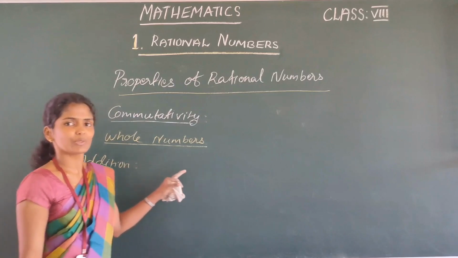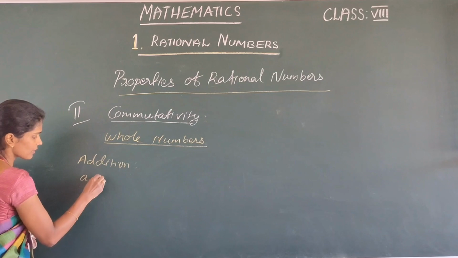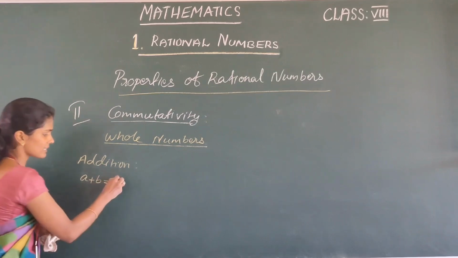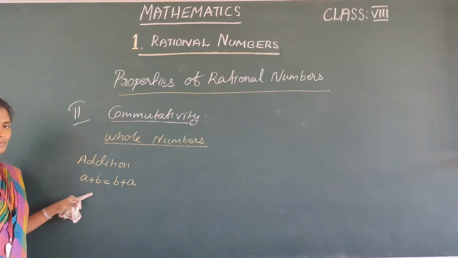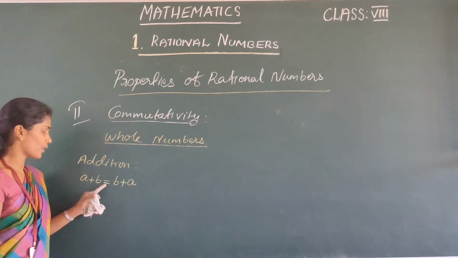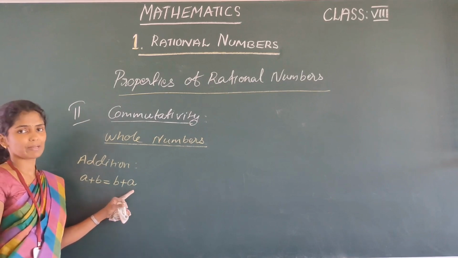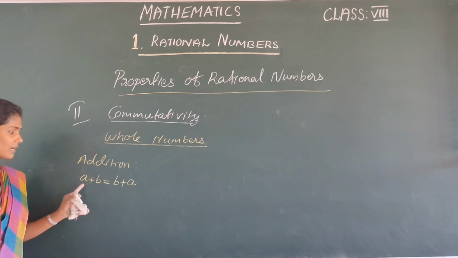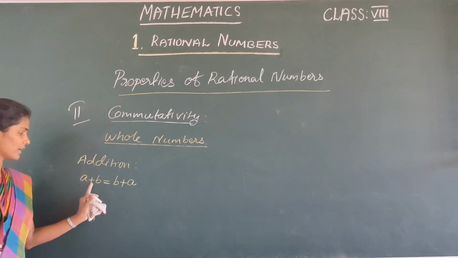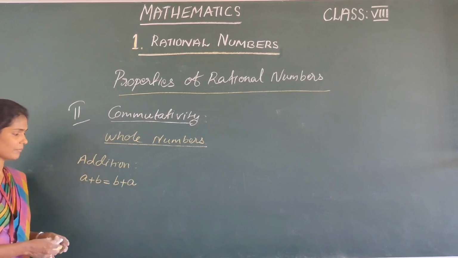If any two whole numbers are a and b, we can write a plus b equal to b plus a. Then that is commutative. Here, this is the reverse order of a plus b, that is b plus a.